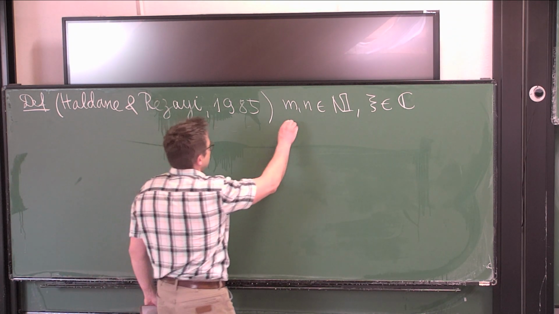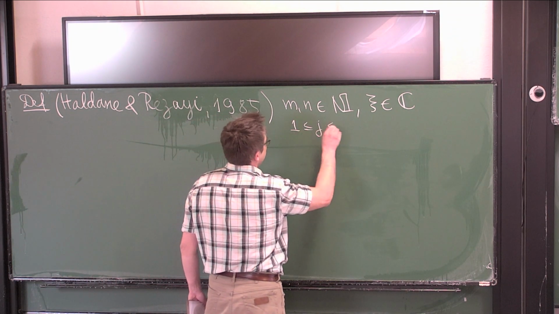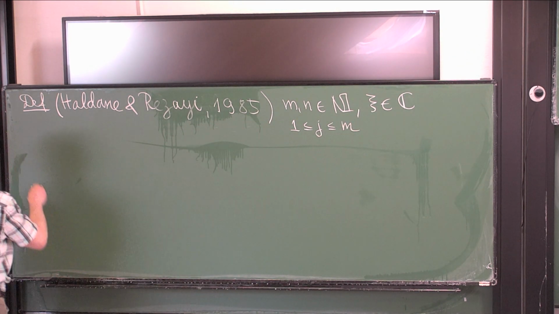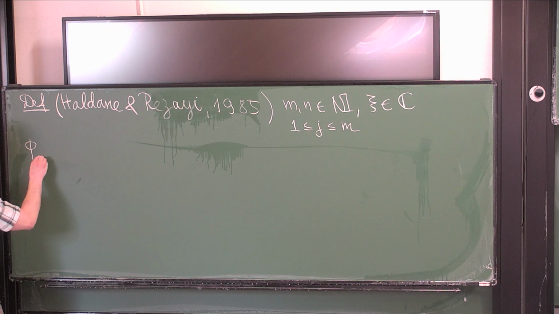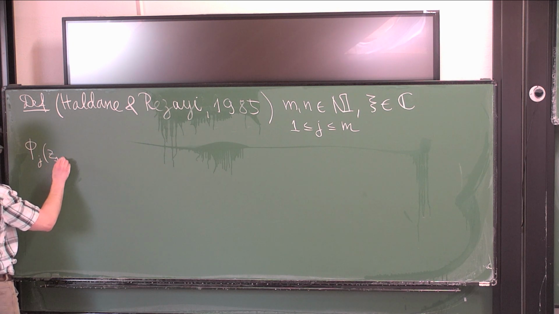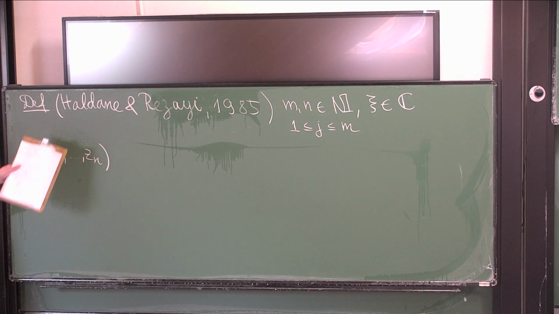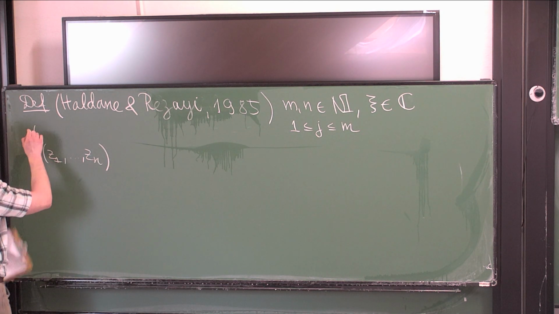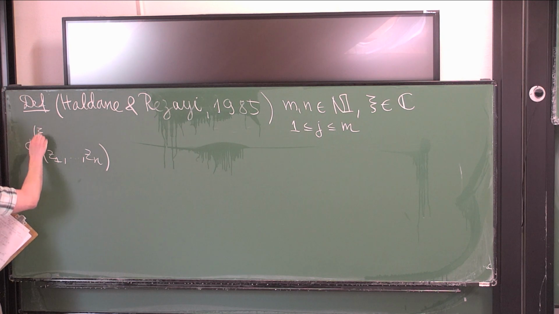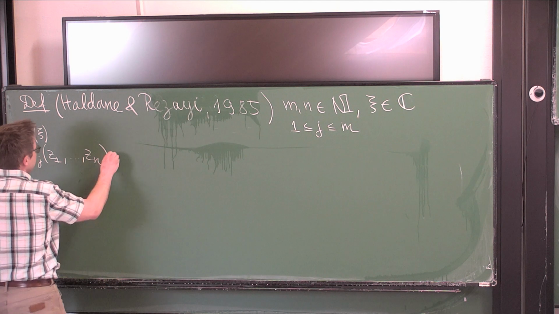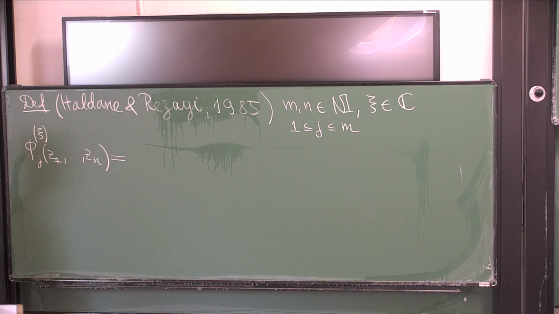For any j between 1 and m, I would like to introduce the following function of n complex variables, which is parameter dependent, and I express the parameter dependence by the upper index. This function has the following structure.